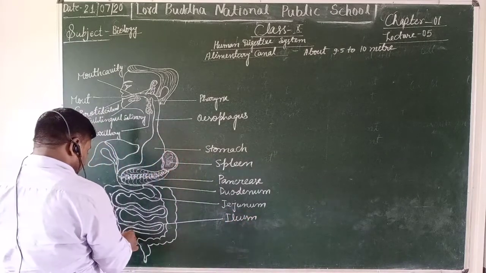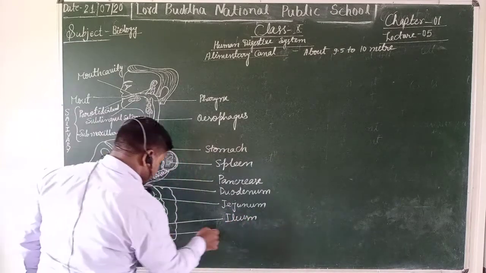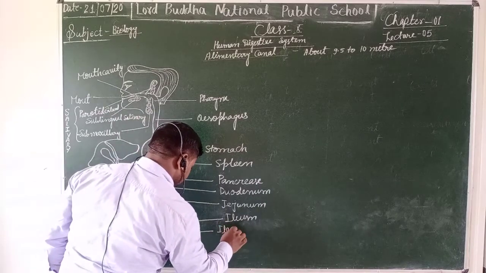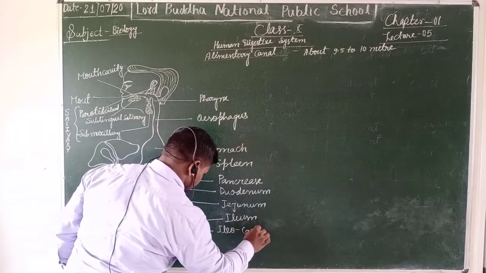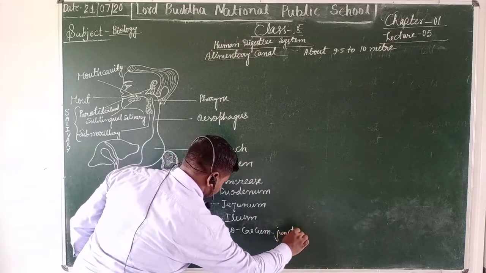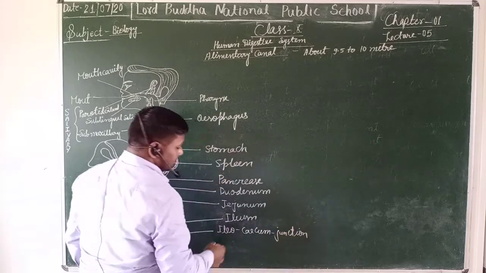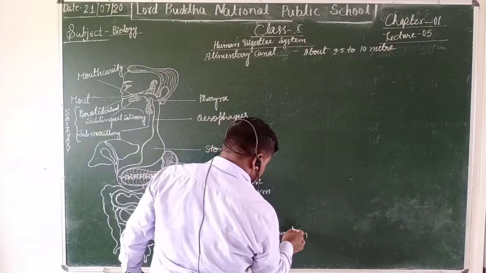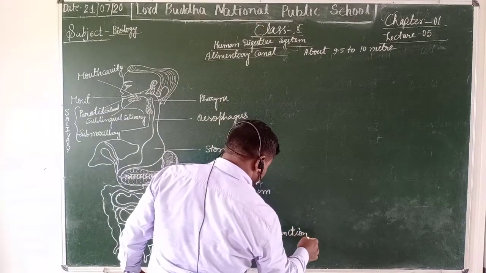And this is the ileocecal junction, where the small intestine ends into the large intestine.